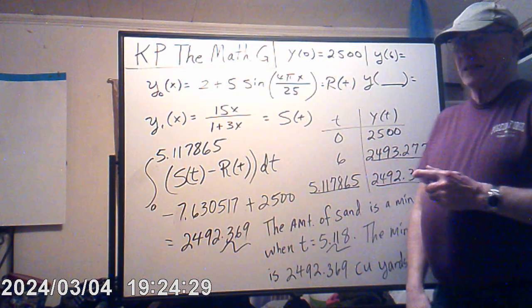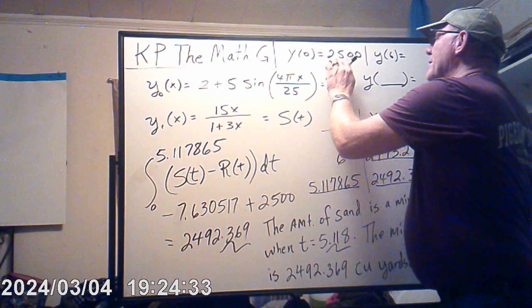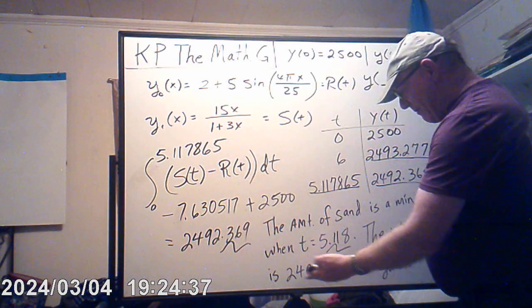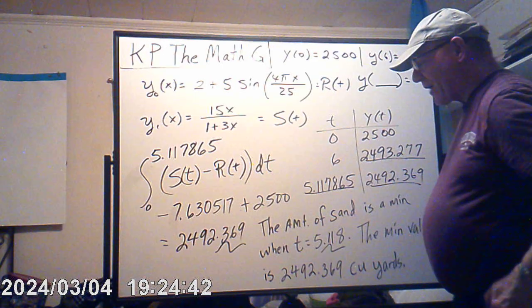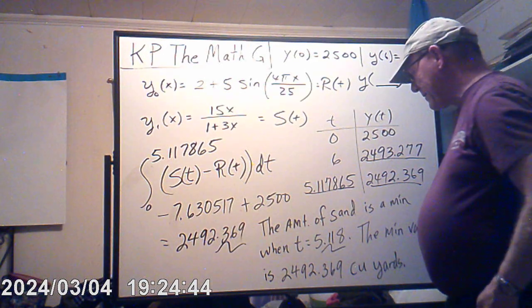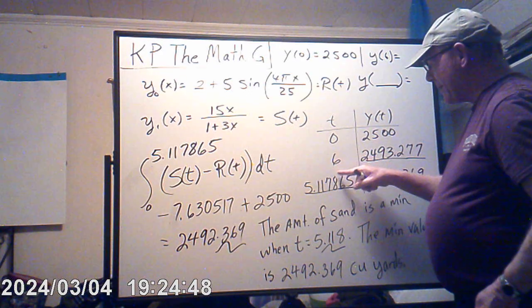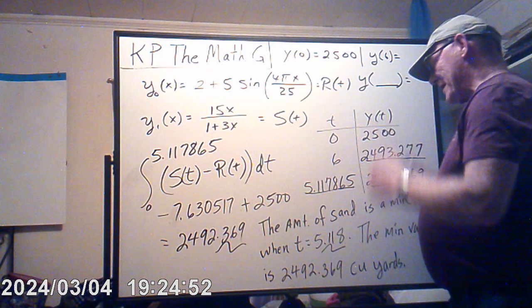At t equals 0, you would have the most amount, and then of course you're going to have a minimum amount at t equals 5.117. You would have a little more sand almost an hour later, okay, but again, we're only going from 0.